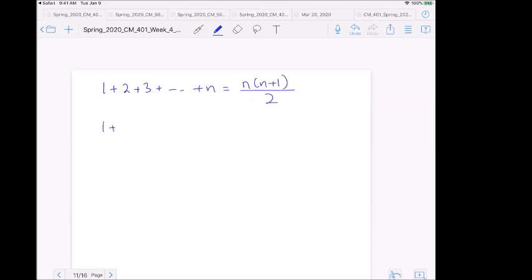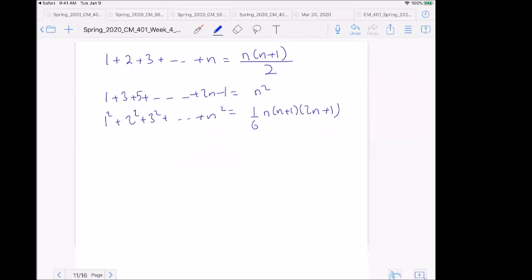And when we do the sum of the first odd numbers, this is n squared. And the sum of squares is 1 over 6 times n times n plus 1 times 2n plus 1. And the cube one is going to be equal to n times n plus 1 over 2, squared, for those who really enjoy the formulas.